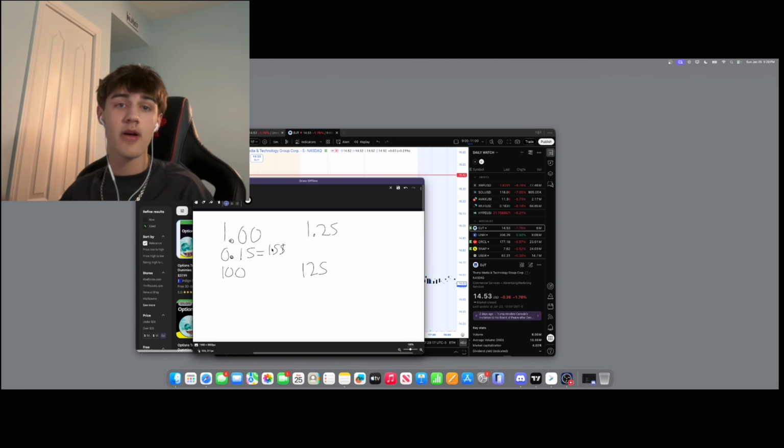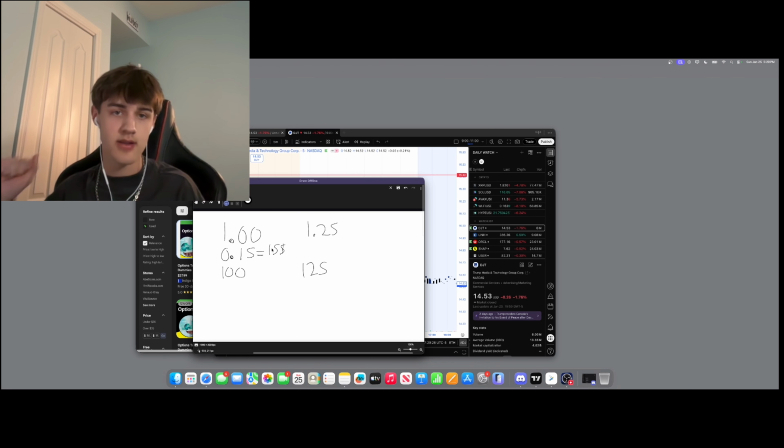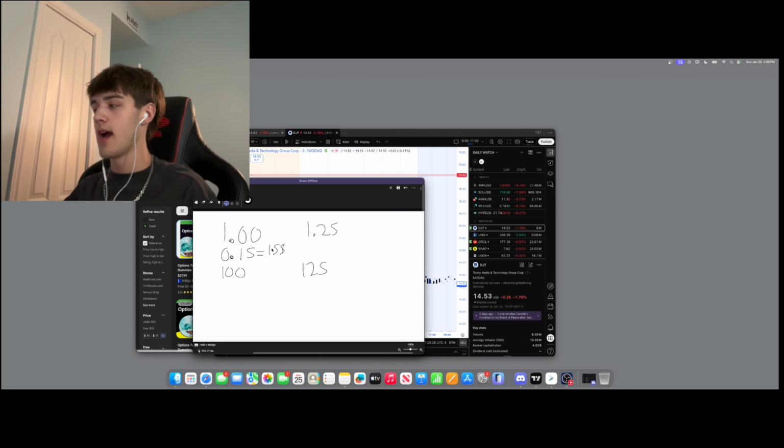So this lets you buy more contracts, which is better than holding maybe one expensive one or 2 expensive ones. Then you don't have as much leeway on when you want to sell it, okay? For your take profits and stuff. Yeah, so that's kind of a little overview on what options are.